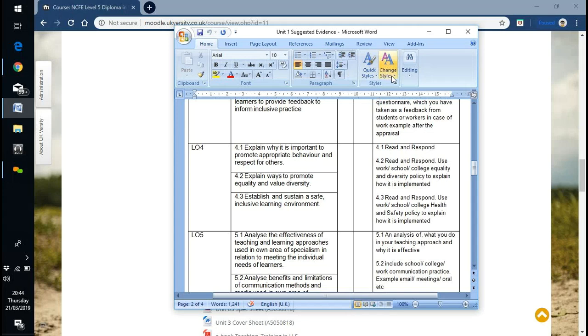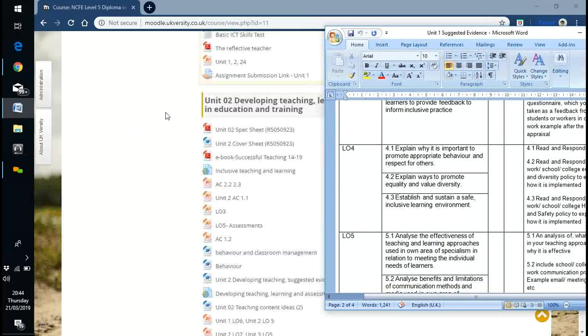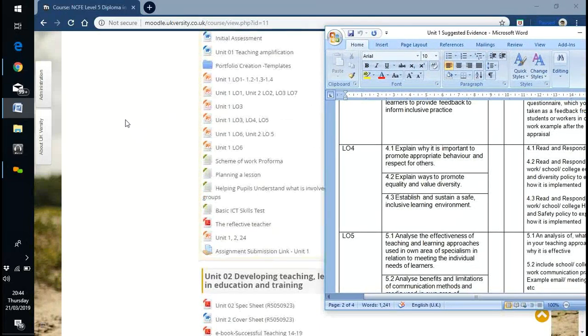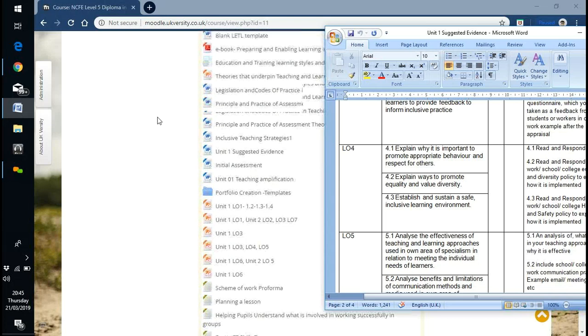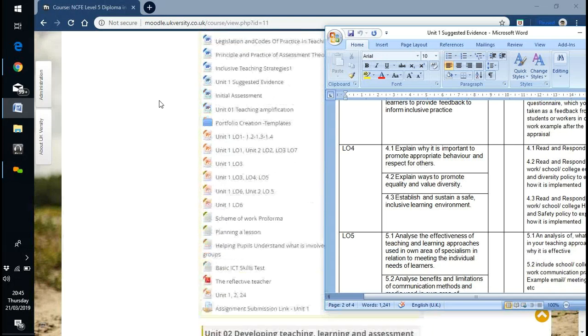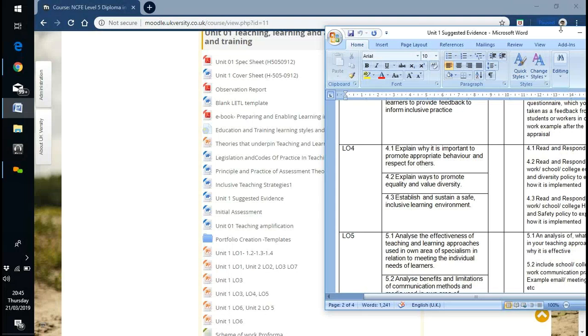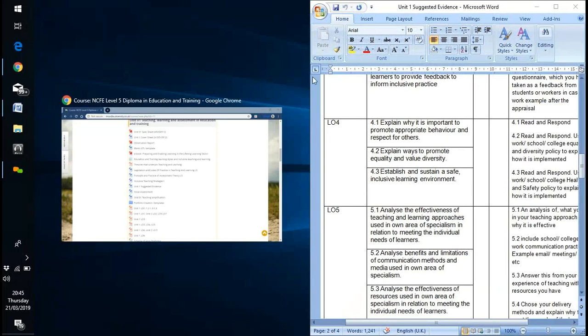In fact, I'll just have a quick look and move that out of the way. Well, that's Unit 1. It may be on Unit 2 that I've got that, because that's all about record view.